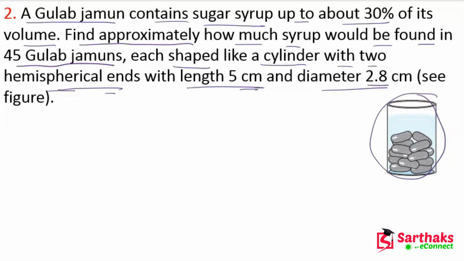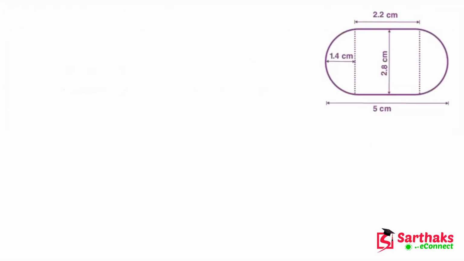So my dear friends, if we draw the diagram of one gulab jamun, we get it like this. So the total distance is 5 centimeter. The diameter is 2.8 centimeter. I hope you get this point. So the radius is 1.4 centimeter, and from here there is also 1.4 centimeter.